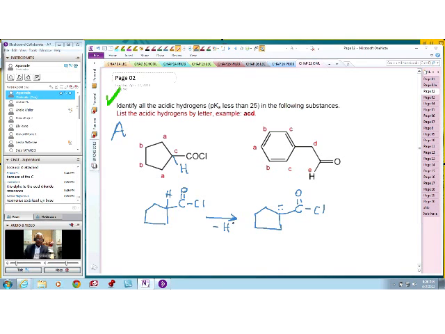Once you remove the proton from here, you have the enolate anion, which is your conjugate base, and that enolate anion can be stabilized by resonance. That is why that hydrogen is acidic, because of the stability of the conjugate base.